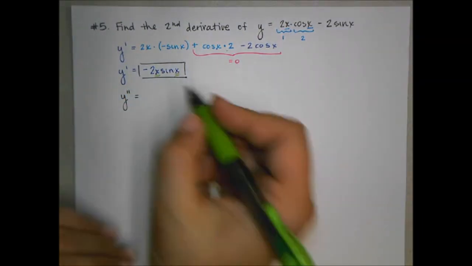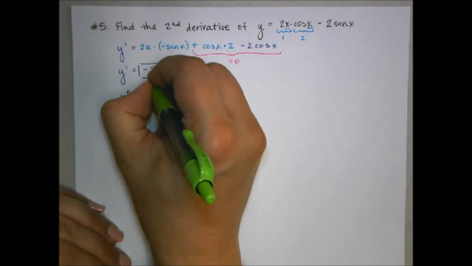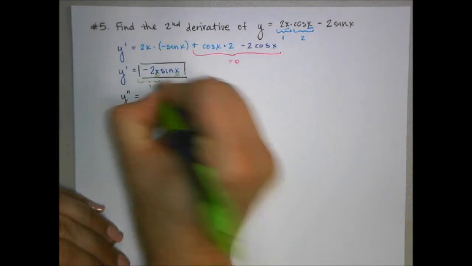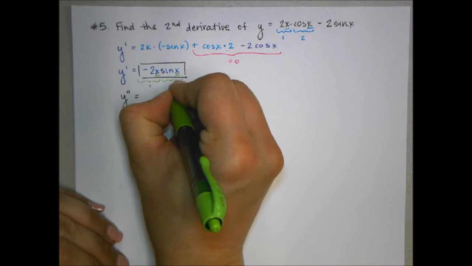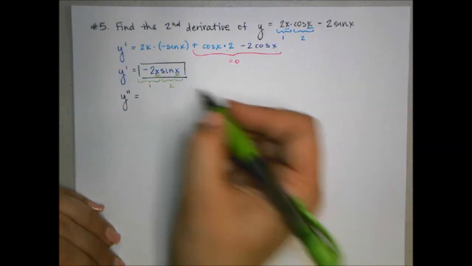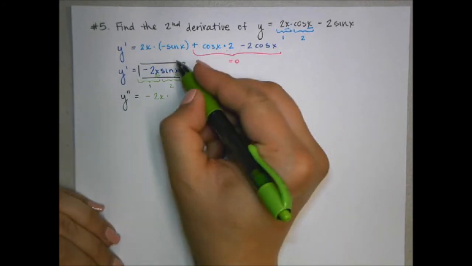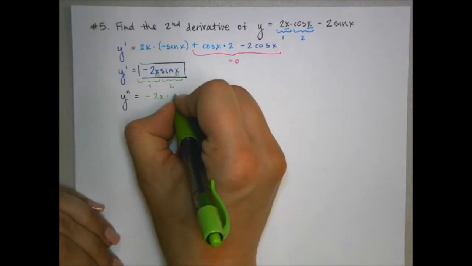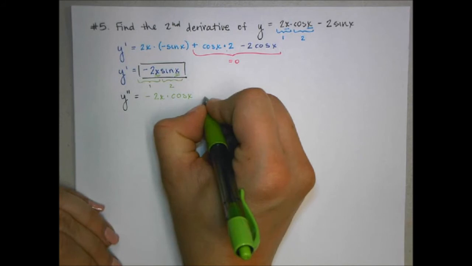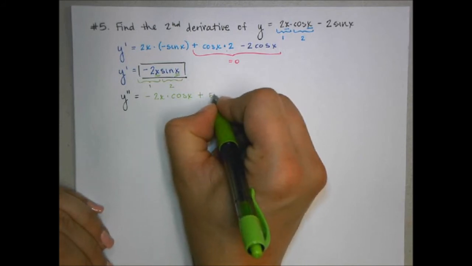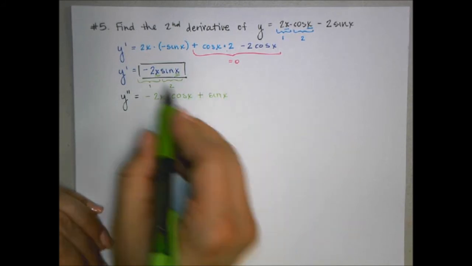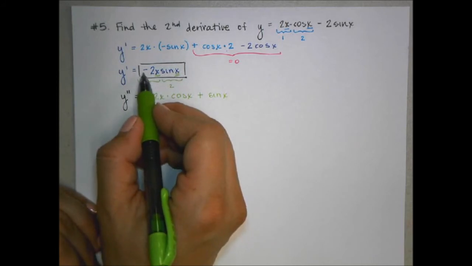So first term is going to be the negative 2x. Second term will be sine x. And our product rule says we have first times the derivative of the second, so the derivative of sine is cosine, plus the second times the derivative of the first. So that's going to give us a negative 2.